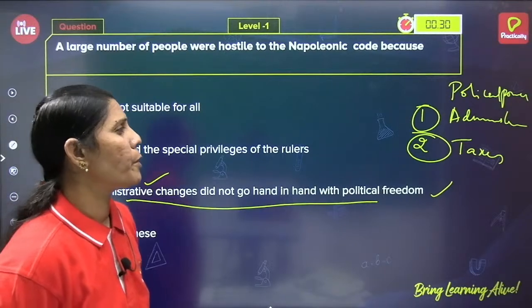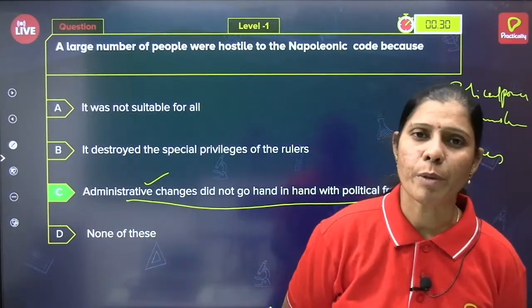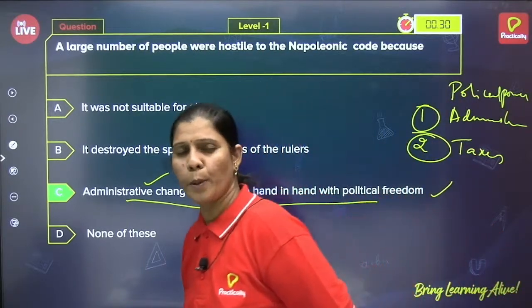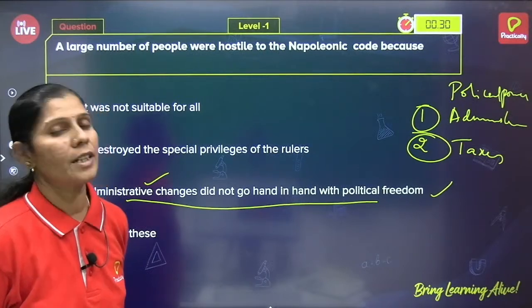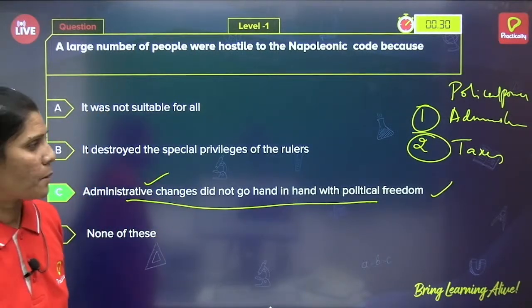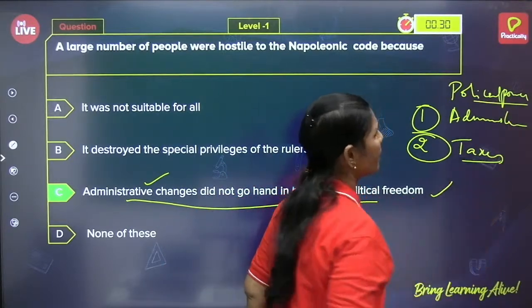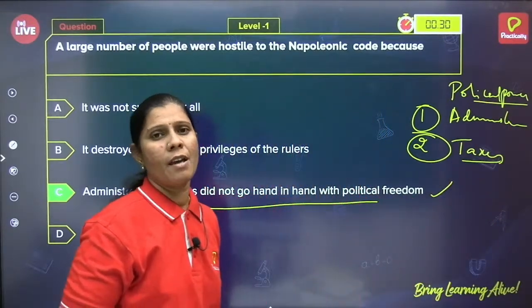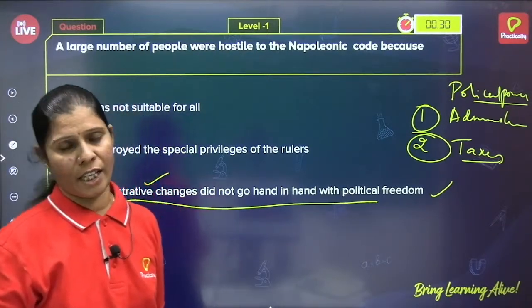Economically and politically, people felt that they became hostile, they became enemies towards this Napoleon Code. Points to be noted: political reason and economic reason. Please note these points, children. The political reason is that administration was not going hand in hand, and the second is taxation.